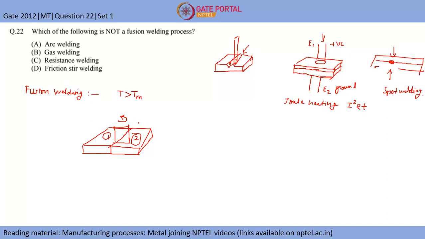Because of friction, a lot of heat will be generated on 1 and 2, increasing the temperature. However, the temperature would not be greater than the melting point of the material, so this is solid state bonding.